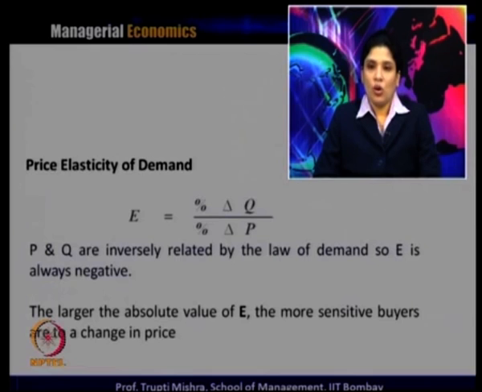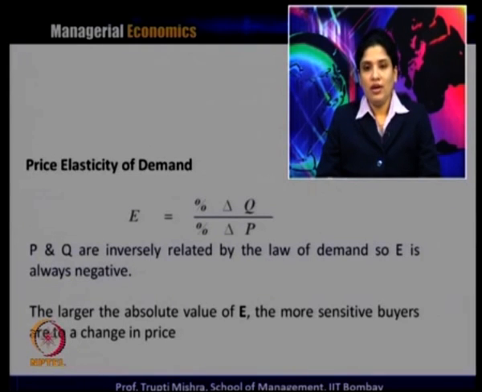Here Q is the quantity demanded, P is the price. So, P is the independent variable, Q is the dependent variable, because the change in Q is happening because of the change in P. As we know, price and quantity demanded are inversely related, that is through our law of demand. So, if both variables are inversely related, obviously when there is a change in one variable in a positive direction, the other variable changes in the negative direction.